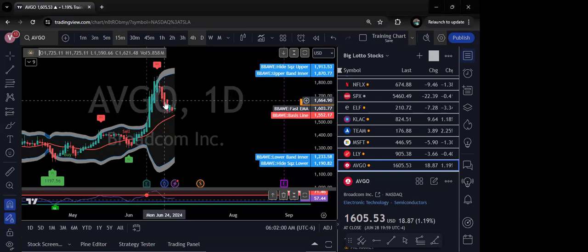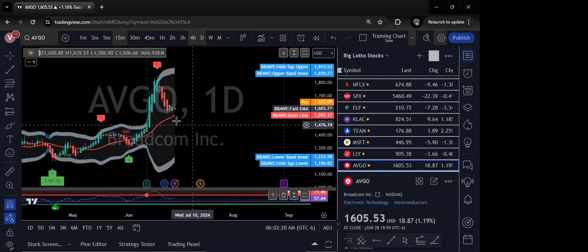That's why you saw AVGO pulling back. It would have gone back to 1552. So on these days, it rejected that. So it can continue, go back to 1870. It's at 1605. That's over 200 points going back up. Or it can break below 1552 and then go down to the lower band.